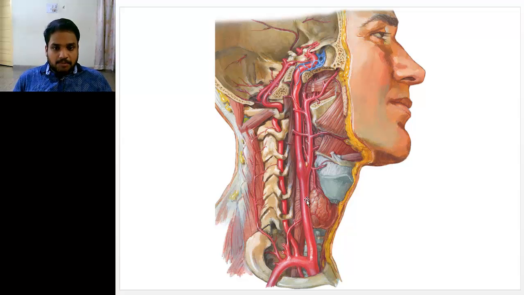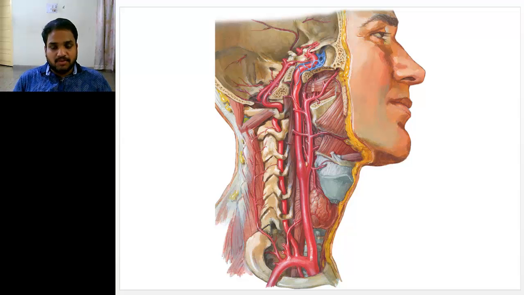Once again in this diagram, the common carotid artery is dividing into the external carotid as well as the internal carotid artery. The internal carotid artery travels up along the neck and enters the petrous bone of the skull through the carotid canal, then travels through the cavernous sinus, and finally bifurcates into two, that is the anterior cerebral artery and the middle cerebral artery.